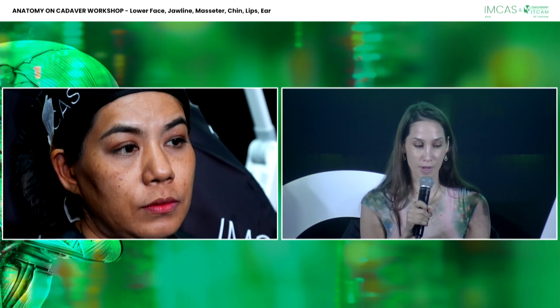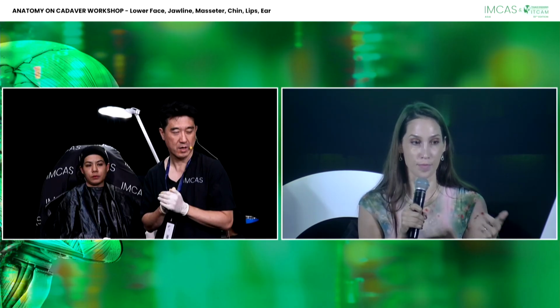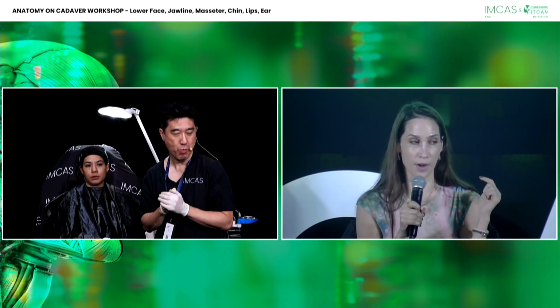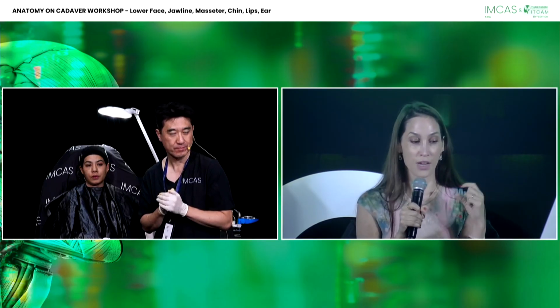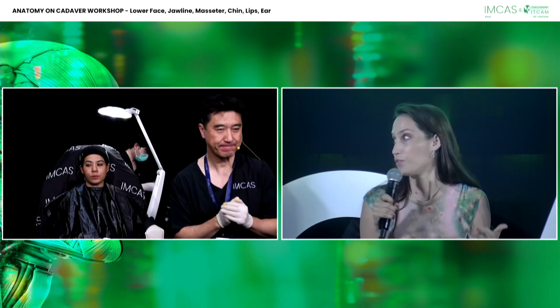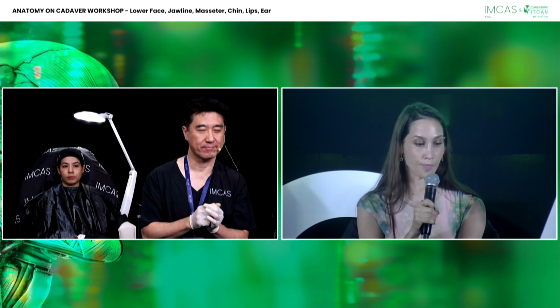But typically for the labial mental groove, if it's really deep, I sometimes will do a layered approach, sometimes deeper with cannula with a higher G prime product. But then sometimes I find patients who have that superficial crease do need more superficially placed filler with a lighter filler. And I do, similar to the presenter before, sometimes use my cannula to do some blunt subcision, and then I also always do neuromodulator in the chin to help adjust that as well.